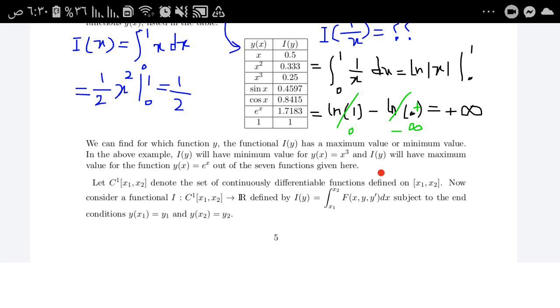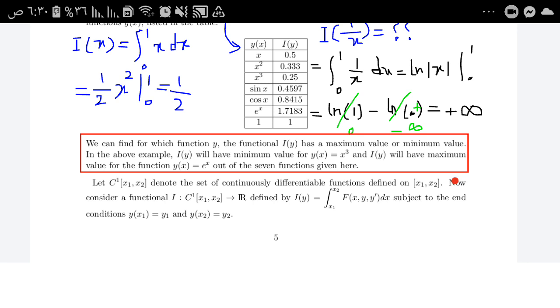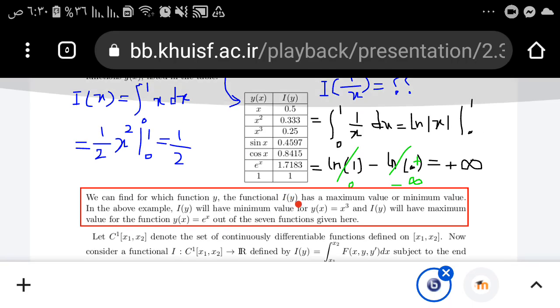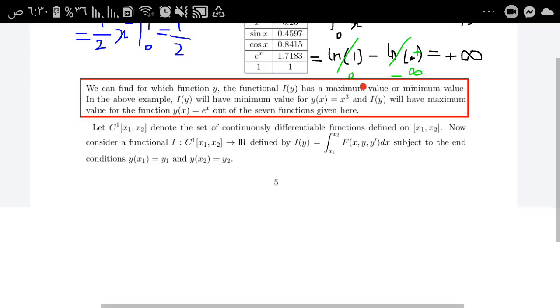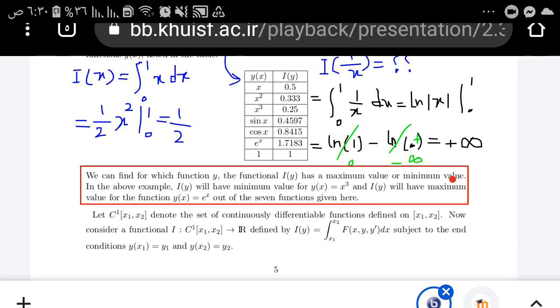This sentence is very important. We can find for which function y the functional I(y) has a maximum value or minimum value.